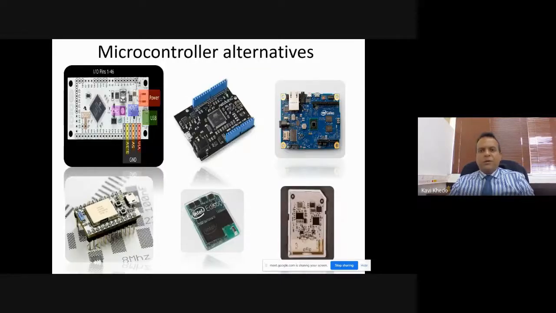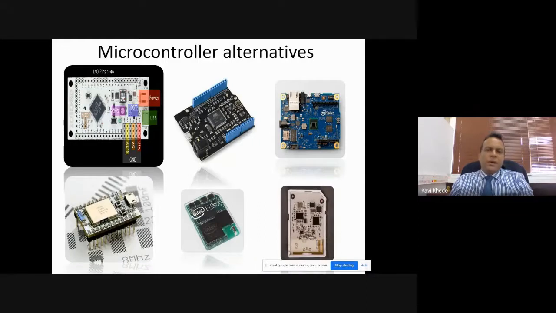There are different types of microcontrollers. I think in your last assignment you did a top 10 of microcontrollers, if I'm not mistaken. So you may encounter some of these microcontrollers there.